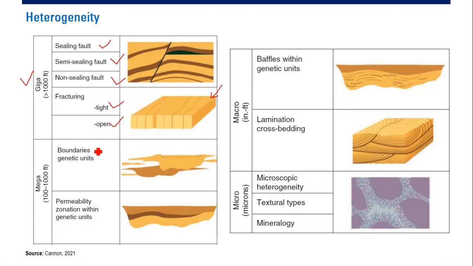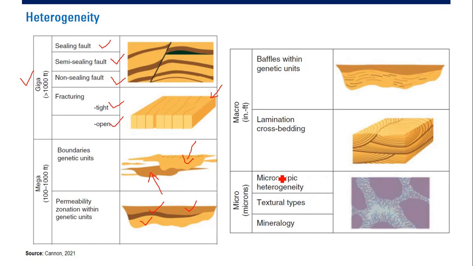And boundaries, genetic units, different boundary, right? Different units, the light color and the dark color, and then also permeability zonation. So permeability here is different with permeability there, and also different with permeability there. Heterogeneous, not uniform.